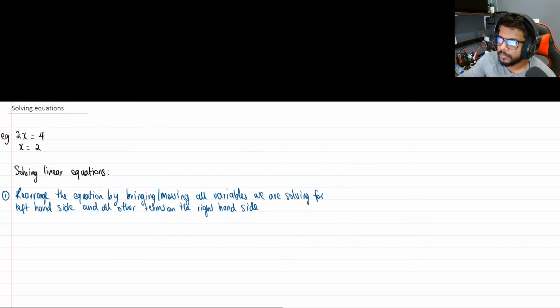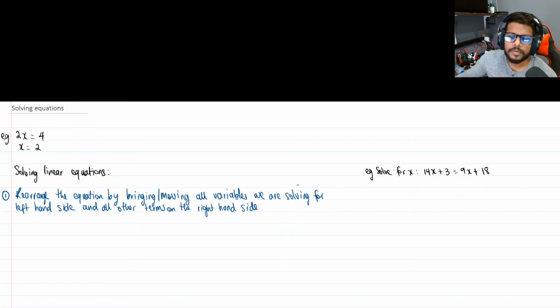For the example, let's say we have to solve for x in the equation 14x plus 3 is equal to 9x plus 18.